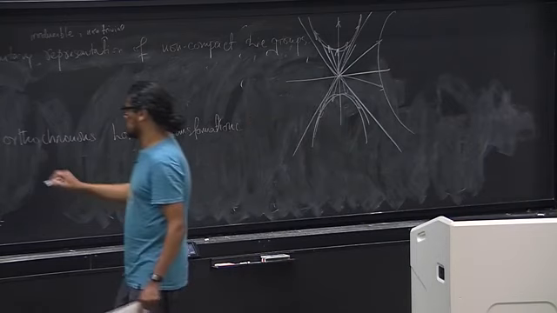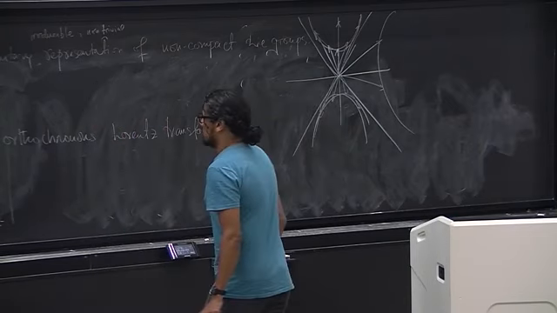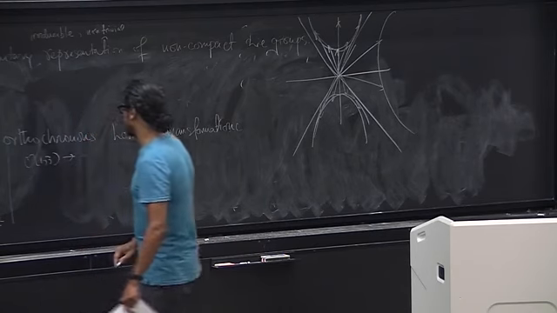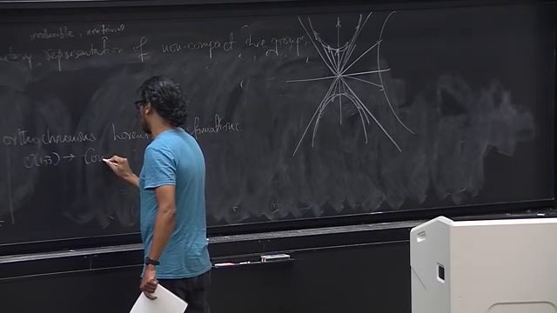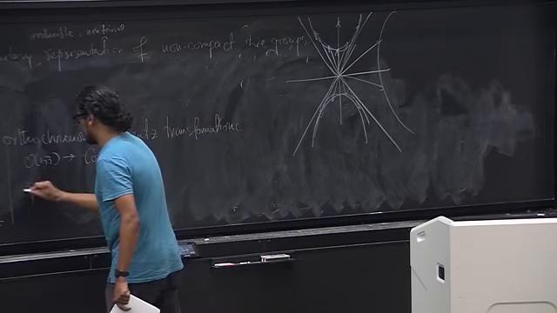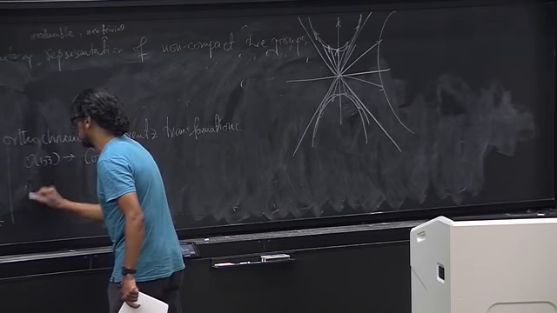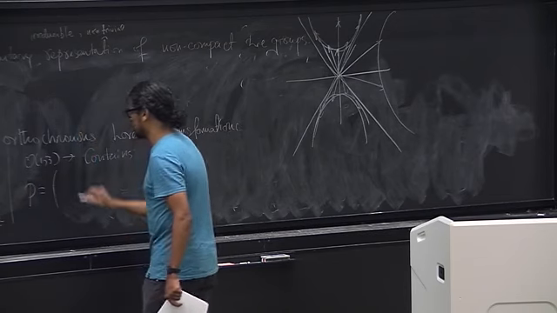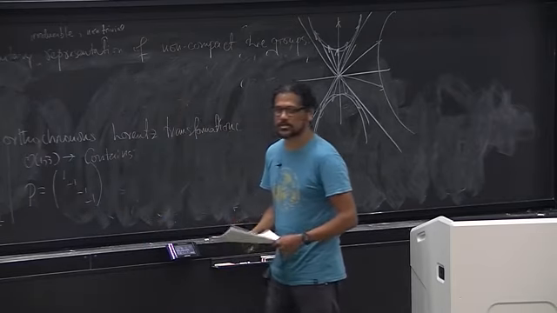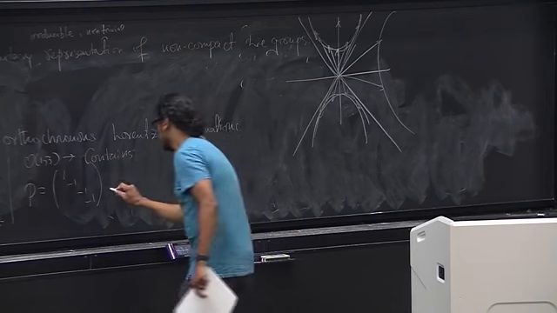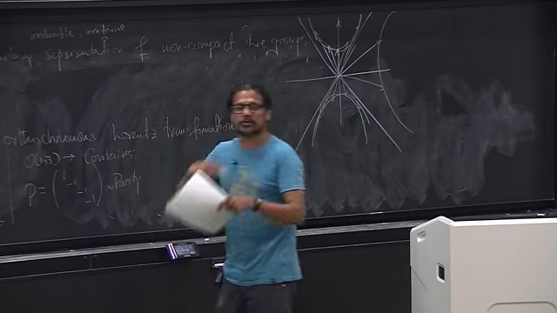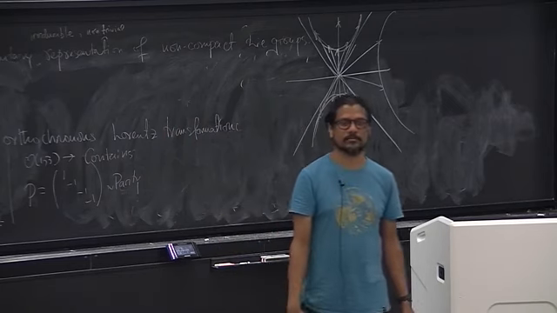So the O(1,3) group contains elements such as parity, which inverts all the directions of space-time. This is known as parity. Now, up to a rotation, parity is reflection.